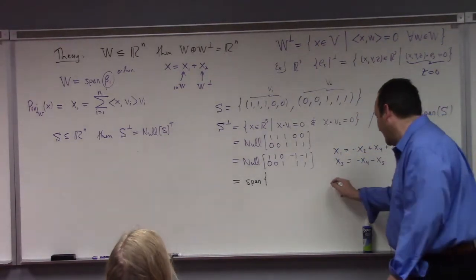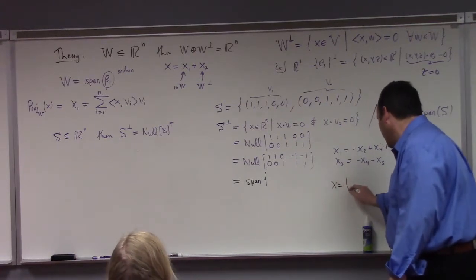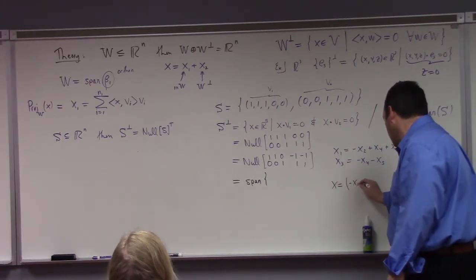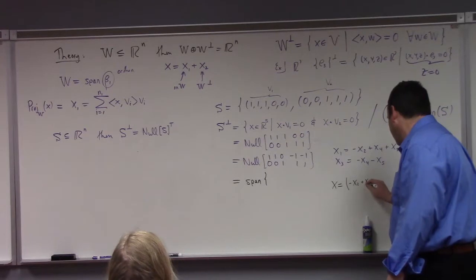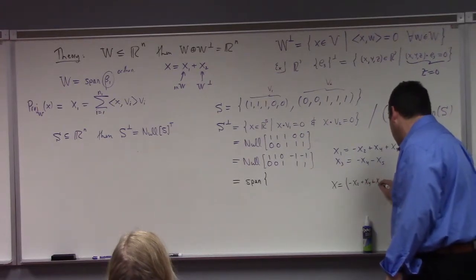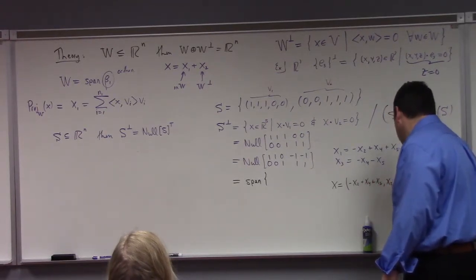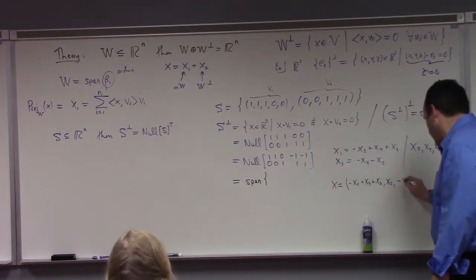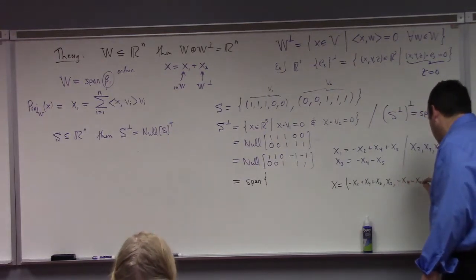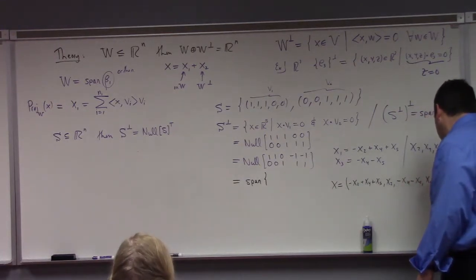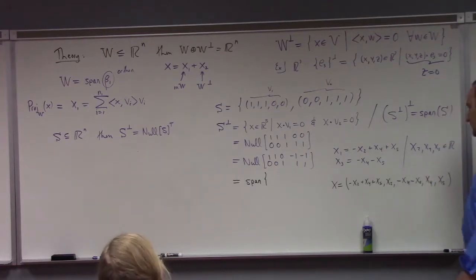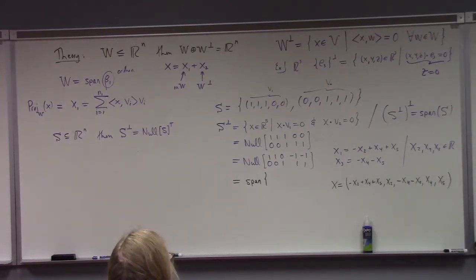I'm just going to write down x: x1 is minus x2 plus x4 plus x5, x2 is equal to x2, x3 is minus x4 minus x5, x4 is x4, and x5 is x5. That's a typical point in the null space. So we can factor out the parameters.